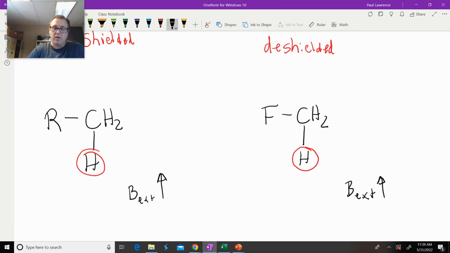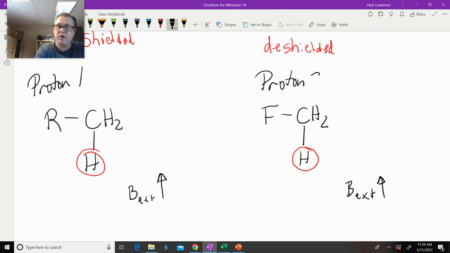Now, this proton on the left, we're going to call that proton 1, so we can make sure we keep track of everything. Proton 1 and the one on the right is proton 2. Proton 1 is going to have, and we will explain this shortly, a lot of electron density.